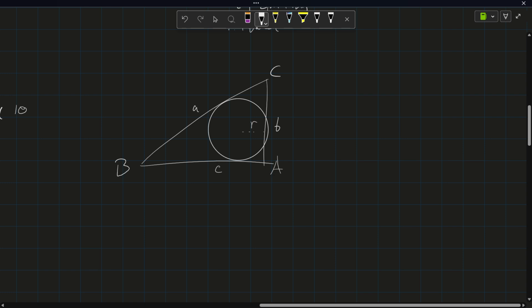We want to prove 2 times the radius is equal to b plus... This proof is relatively simple if you just draw more lines. So this is r.